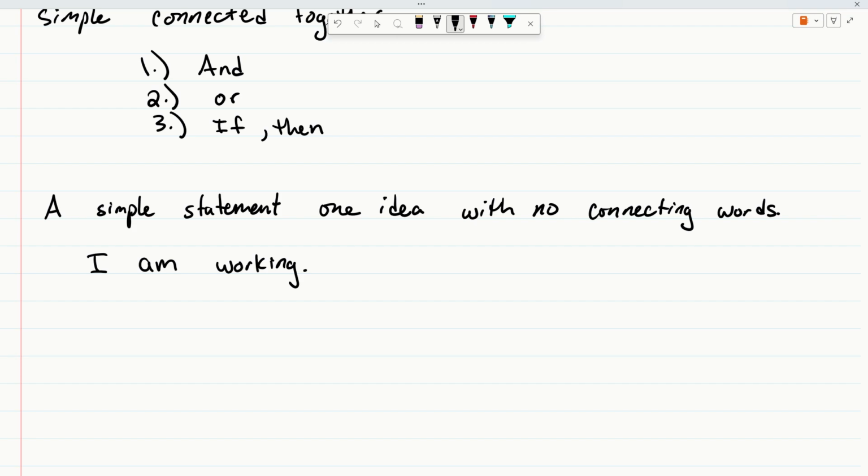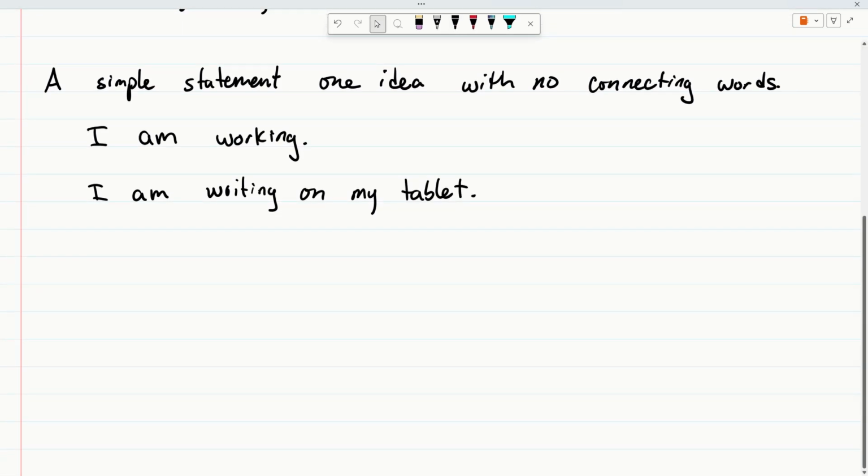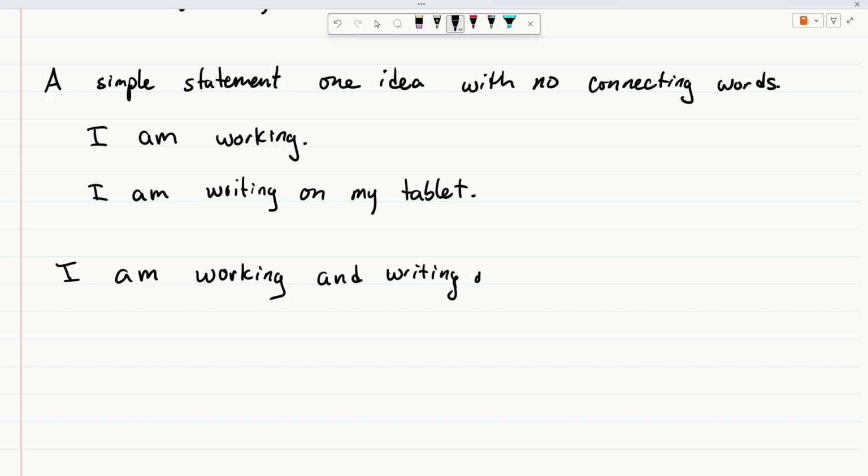All right. Now, I can also say this simple statement. I am writing on my tablet. All right. That is another simple statement. However, if I write this statement, I am working and writing on my tablet.